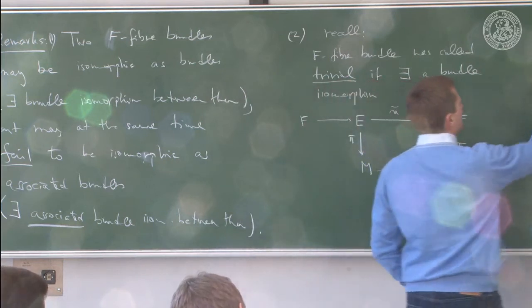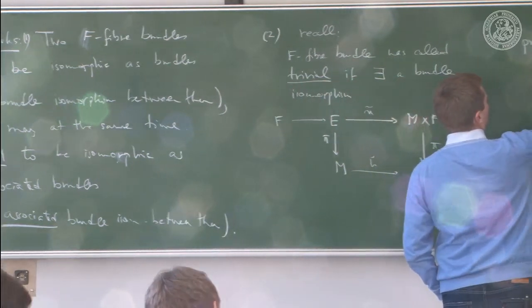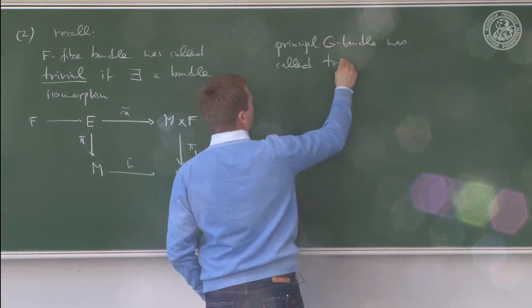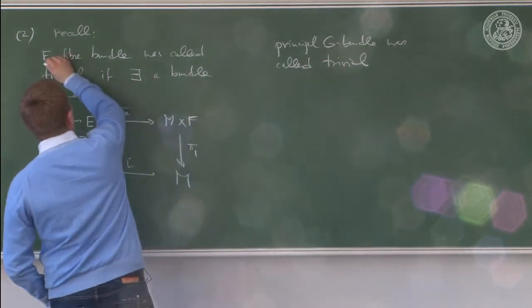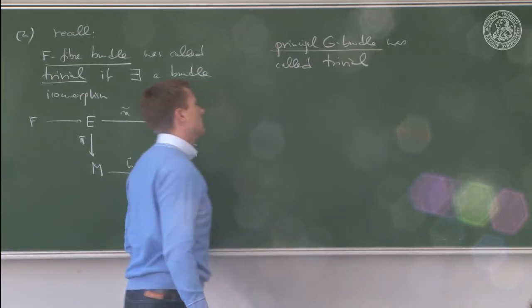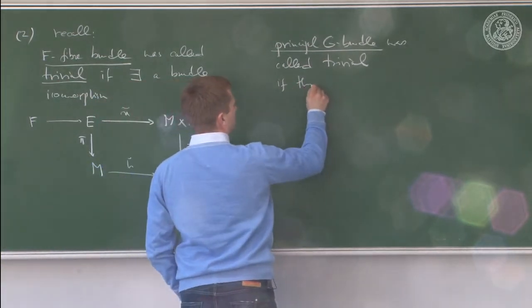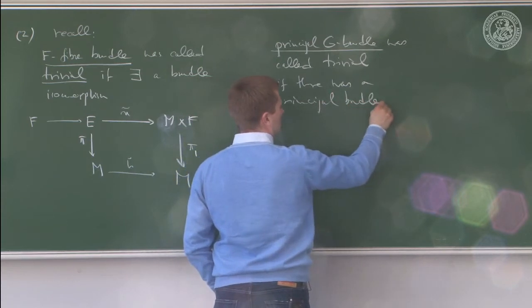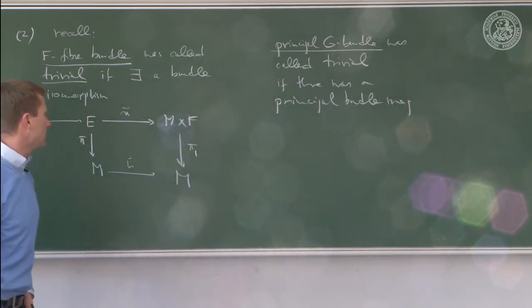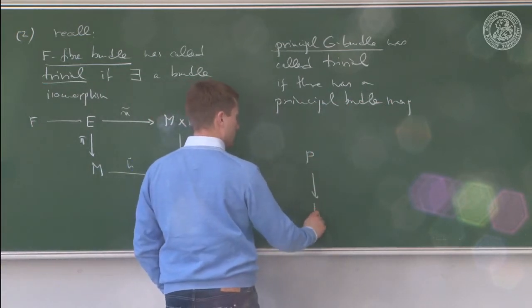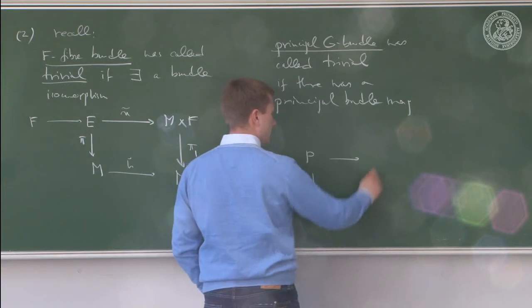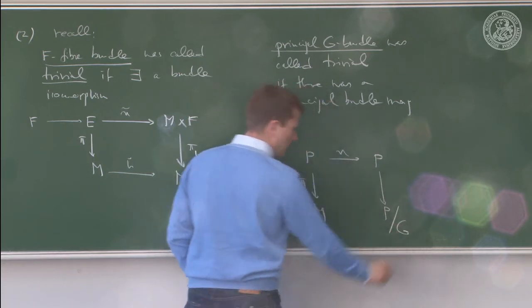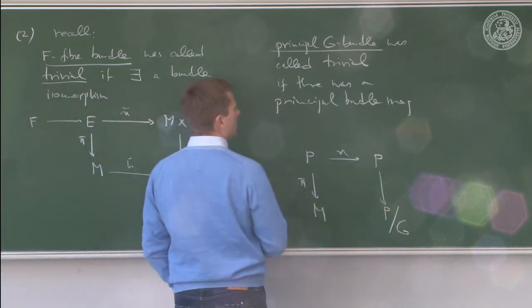And then we had that a principal G bundle was called trivial if there was a principal bundle map that took us from here to here with the U, and then to P mod G, where we modded out this group.